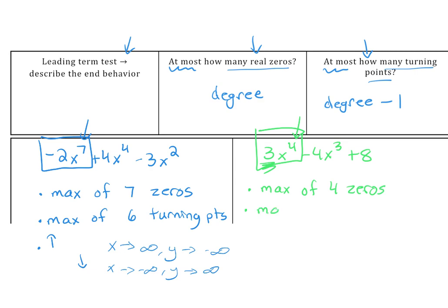And there's a maximum, one less than 4, of 3 turning points. And I know that the graph's end behavior, they're both going to be pointing up. So as x approaches infinity, y will approach positive infinity. And as x approaches negative infinity, y will approach positive infinity.